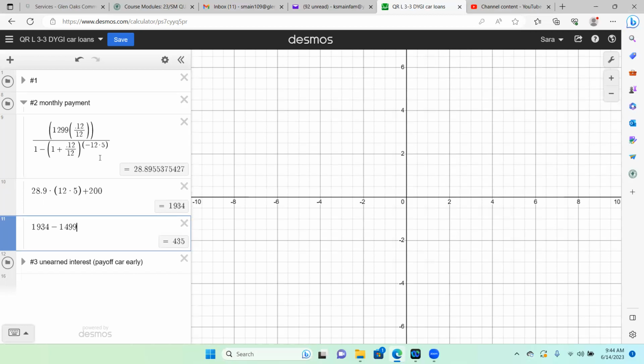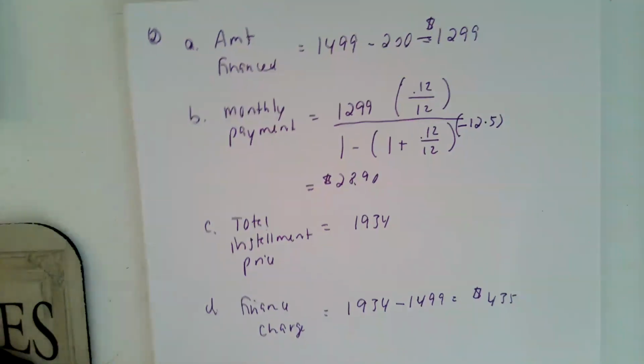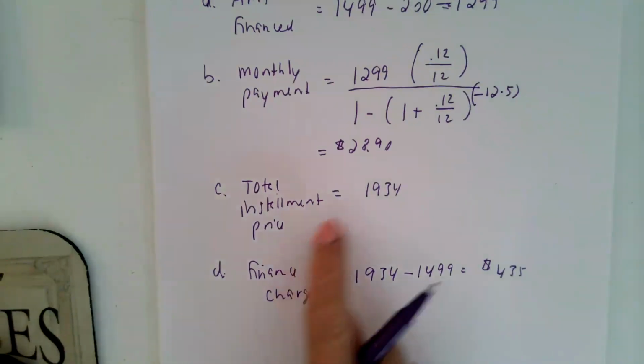So that would be $1,934. Subtracting the $14.99 is a finance charge of $435. So there's my total installment price.